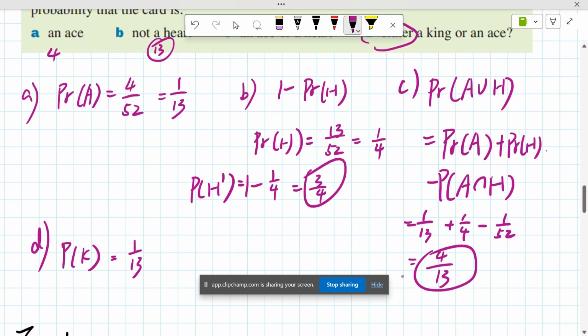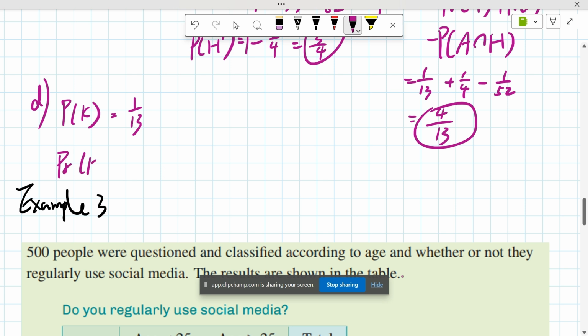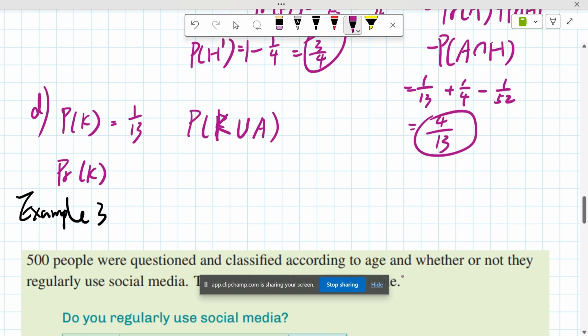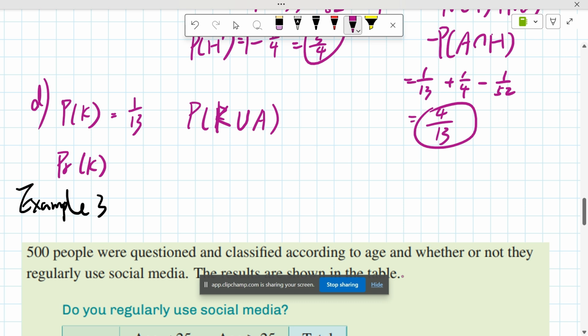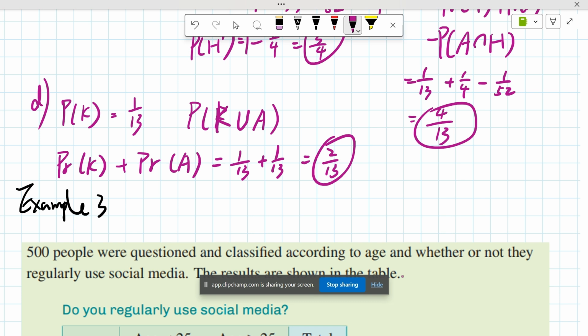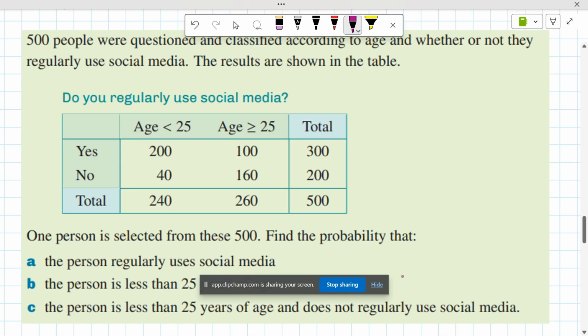So that means probability of K union A, so either K or ace, which is plus probability of A, equals 1/13 plus 1/13 equals 2/13. Yep. Not too bad. And we're going to another kind of example, where we're using tables now.